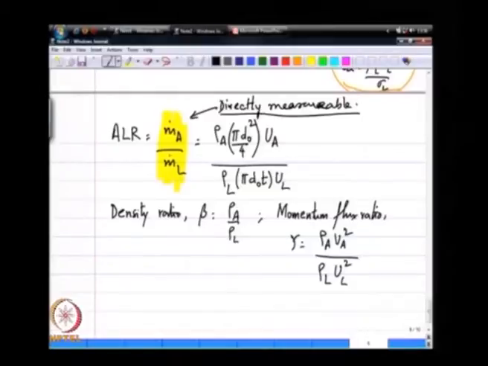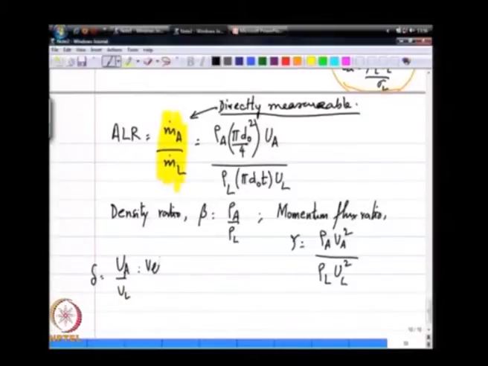But if I define U_A to U_L, which is simple velocity ratio, I can form this using beta and gamma. So, if I take gamma divided by beta, square root gives me this delta.